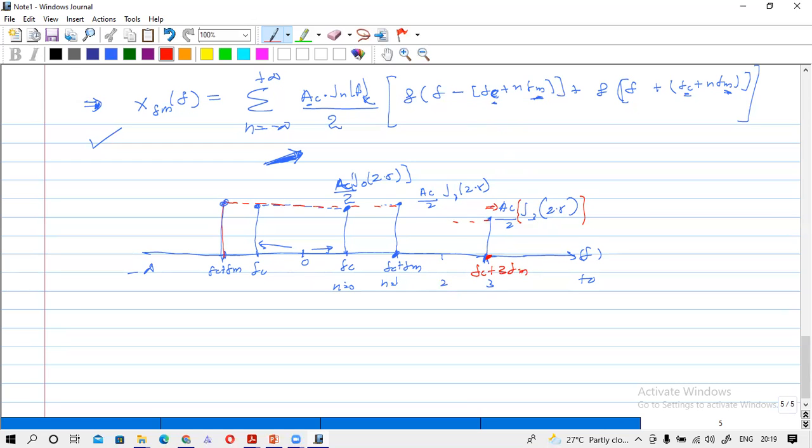In the same way, on the minus side also, because of this term, another impulse is generated here, at minus fc minus 3fm, and the value is the same, AC by 2 J3(2.5). Likewise, you can draw the spectrum very easily.